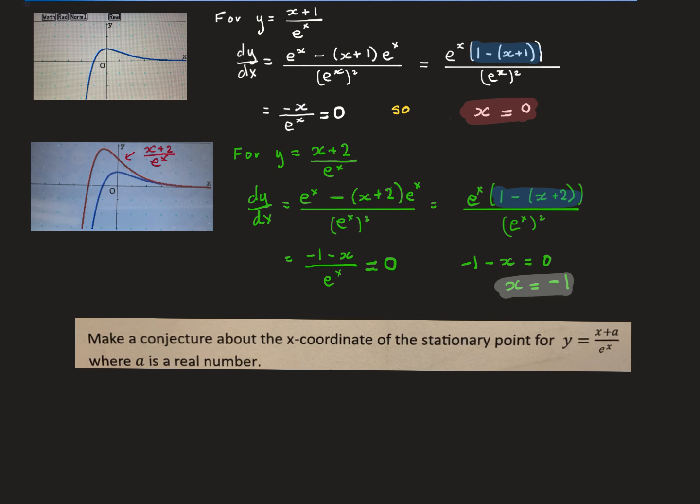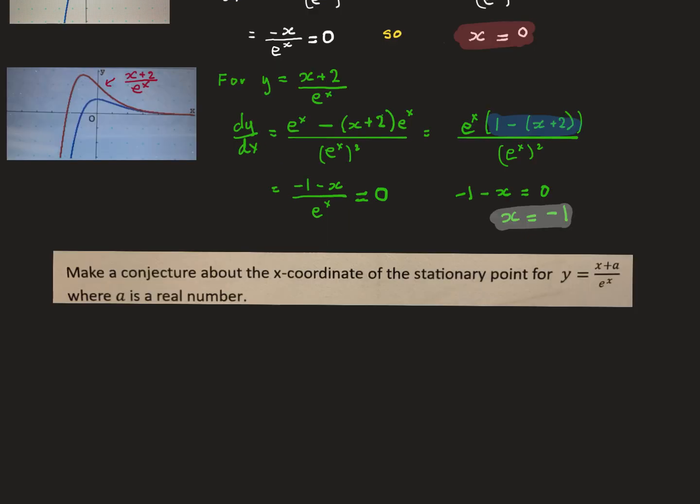So I'm going to pretend 1 minus x, but at this time I'll put a in here, and that is meant to be 0. So if this is the case, I can write this down as 1 minus x minus a is equal to 0.